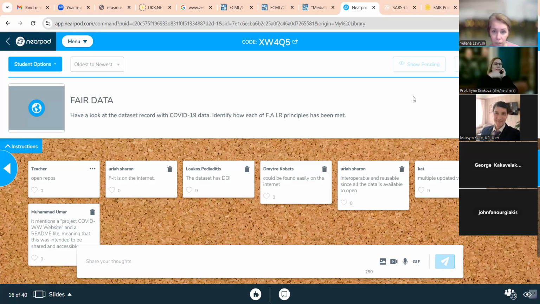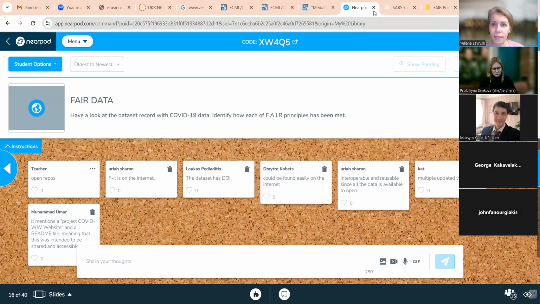Yeah, I and R, since all data is available to open. Multiple updated versions. Findability, yeah, Lucas, thank you. Right, you are. Persistent identifier. README file, yeah, README file. It's something that I have to mention, it really means that it is shared and accessible.